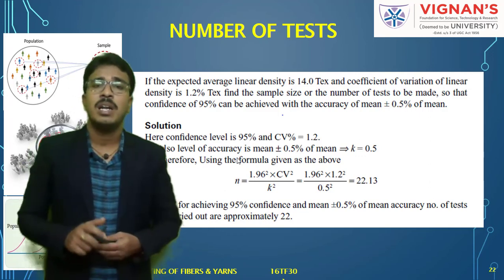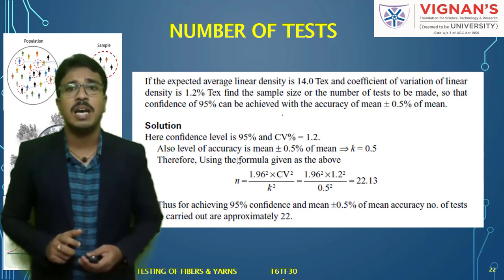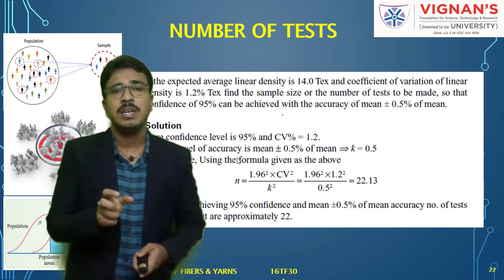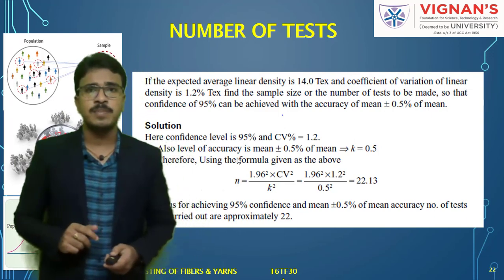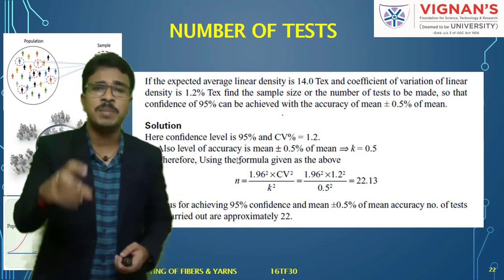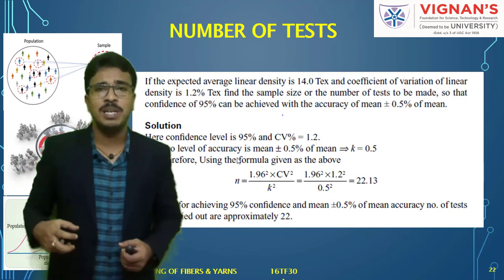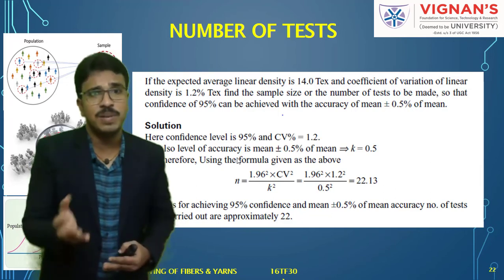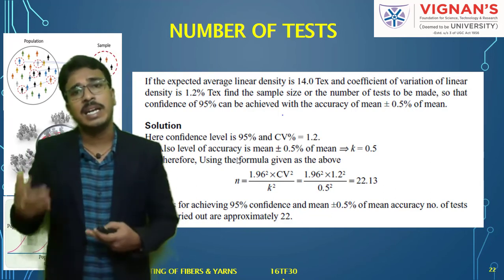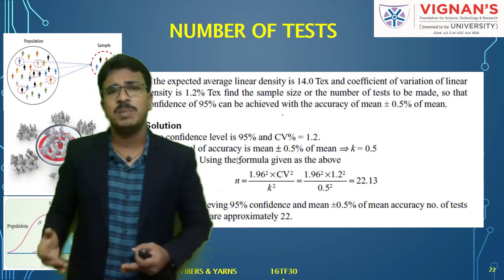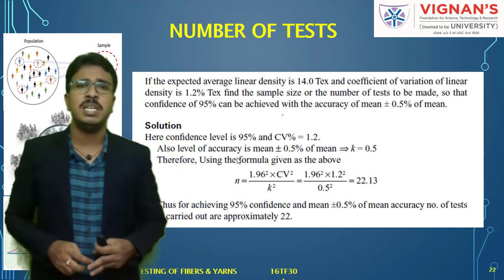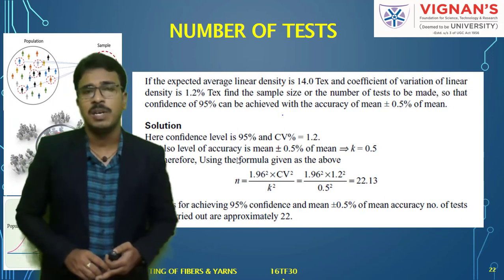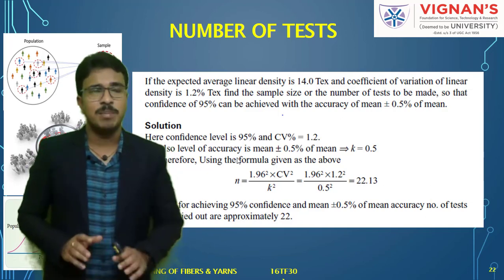Whenever we look at average values, we have to give some accuracy, that is, the plus or minus error we allow from the mean value, and at the same time the confidence level, whether 95 or 99 or 100%. 100% no one will go, so mostly the confidence level expected is 95%. This is how we find out the number of tests.